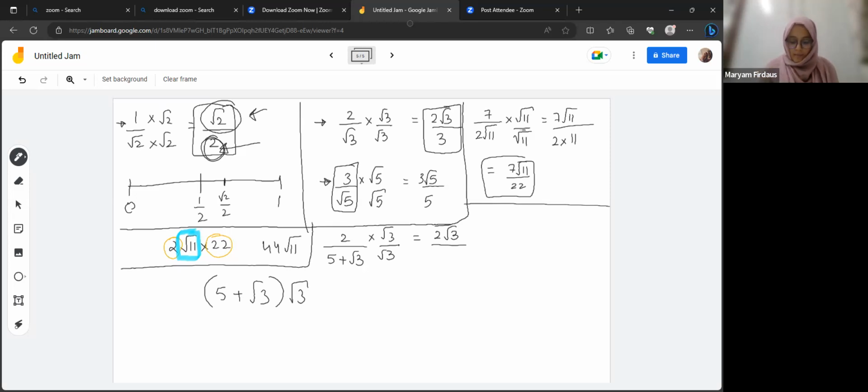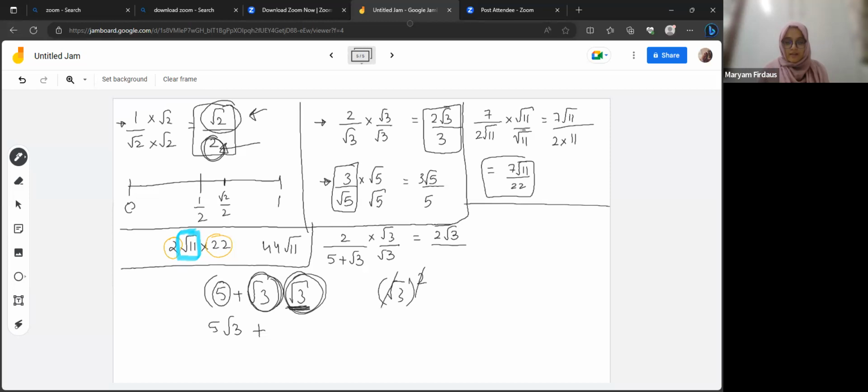Now, what does this become? You have 5 multiplied by root 3, which is 5 root 3, plus root 3 multiplied by root 3, which is root 3 square. And root 3 square is how much? 3.